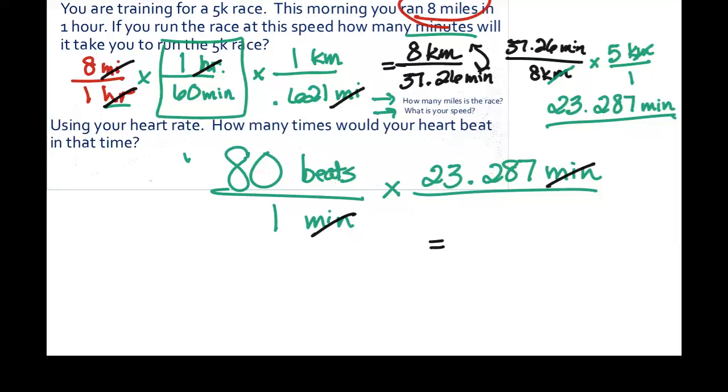So 80 times 23.287 is 1,862.96. And we'll round up and say that is 1,863 beats. Technically, it would not round up because you can only have the number of beats that you have, but we're going to round it to a whole number.